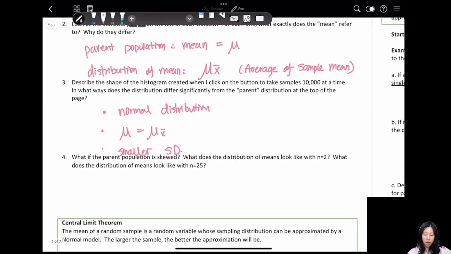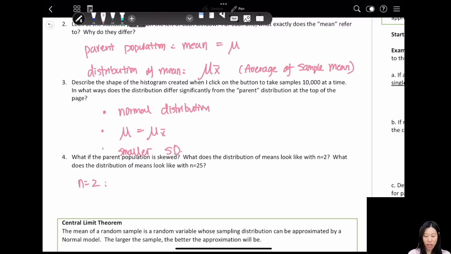So what if the parent population is skewed? What does the distribution of means look like when n equals 2? And what does the distribution of means look like when n equals 25? So when the parent function is skewed, we will get another non-normal distribution for our random sample, for a sampling distribution.